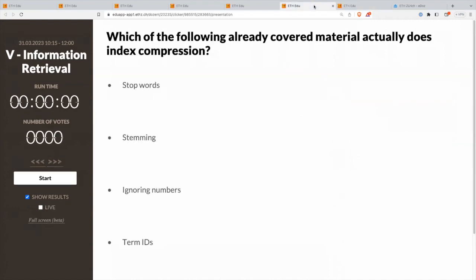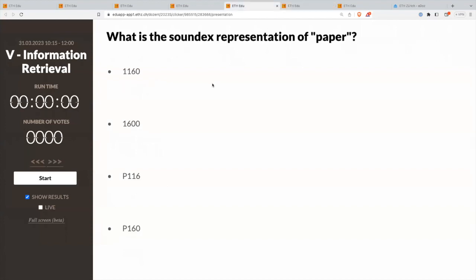Congratulations, both of you. Now, maybe this one I keep for later. Here's another one. I'm asking you for the Soundex representation of the word paper. So of course, there is this mapping from the letters to the digits, and I'm going to share it with you, because of course I don't expect that this is something you know by heart.